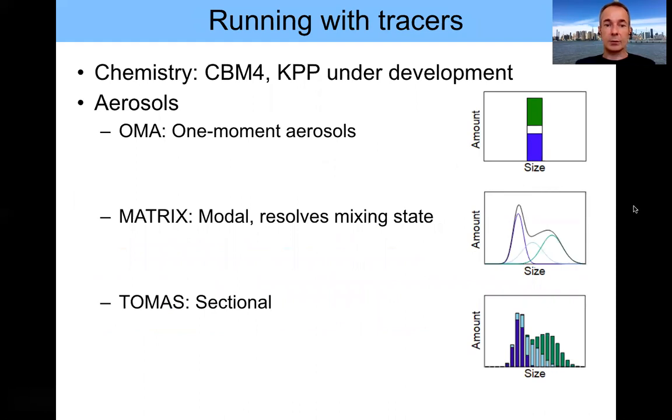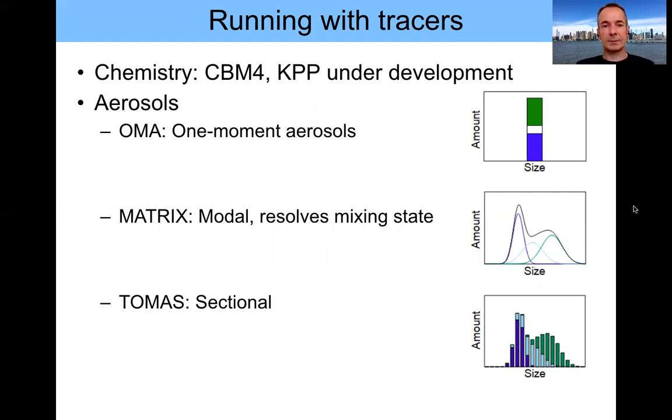Running with tracers, very quickly, because I know that most people will not be doing that, but it is something that you need to know of. We do have the carbon bond mechanism 4 chemistry in the model. It's abbreviated CBM4. It's a way to simulate present-day Earth with a very small number of tracers, but enough to capture the tropospheric ozone production and destruction and some other key gas phase components.